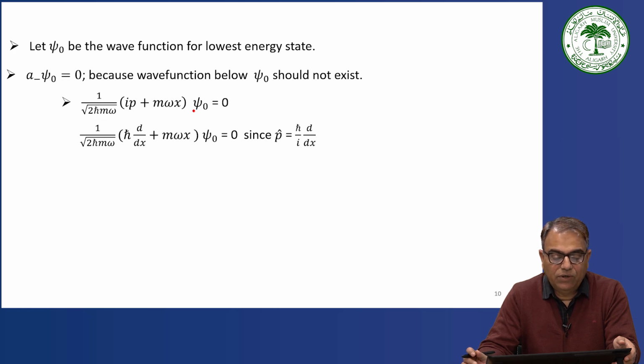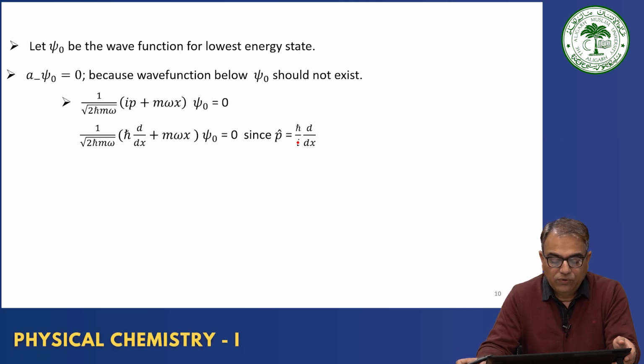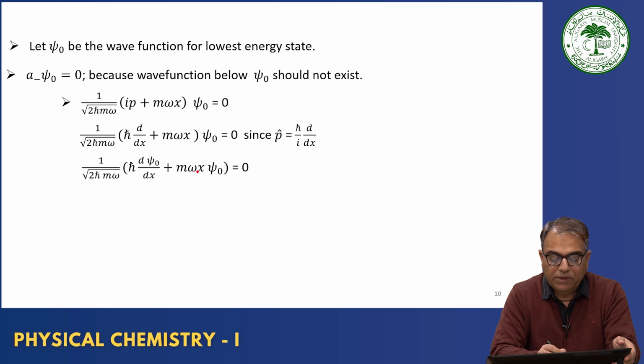Then p is the linear momentum operator. I have written h cross by i d/dx, or minus i h cross d/dx, both are written. So if you use this operator, you get this equation: h cross d psi 0 by dx plus m omega x psi 0 is equal to 0.